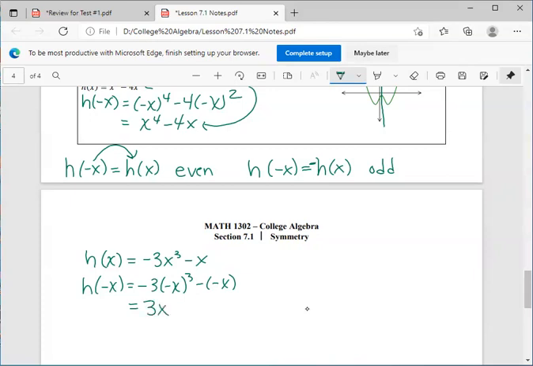That's going to be positive. And this is a negative negative x, so that's going to be positive. How are these related? They're exactly opposites of each other. If this is negative 3x, this one's positive 3x. This is negative x, this is positive x. So this one is odd.